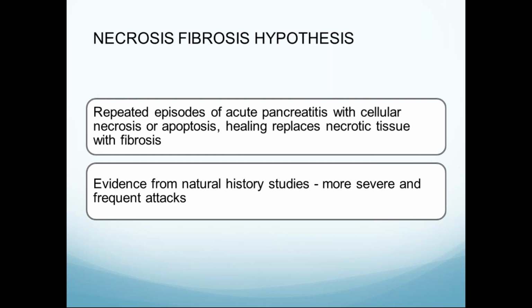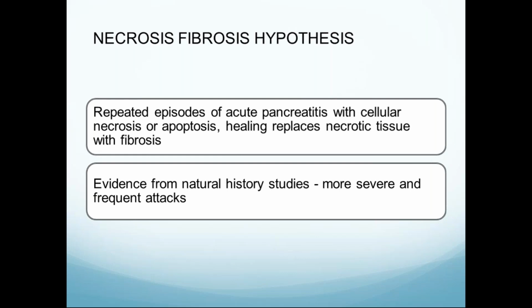Okay. Necrosis fibrosis hypothesis. This is another hypothesis proposed by the et al. group. That is, repeated episodes of acute pancreatitis, either 1 to many times, either more than 2 times, cause repeated episodes of cellular necrosis or apoptosis. The healing replaces the necrotic tissue with fibrosis.